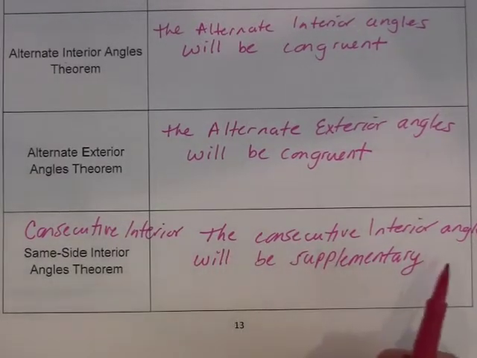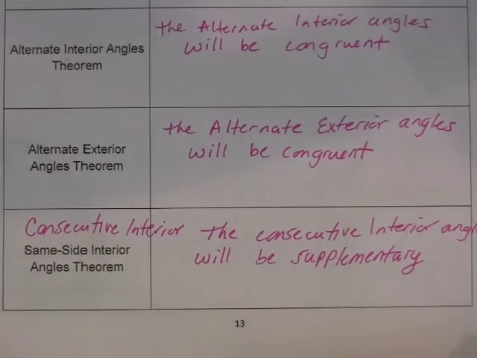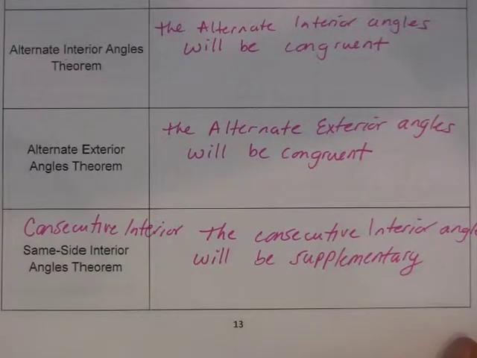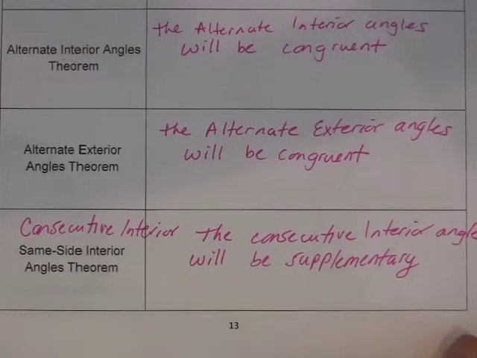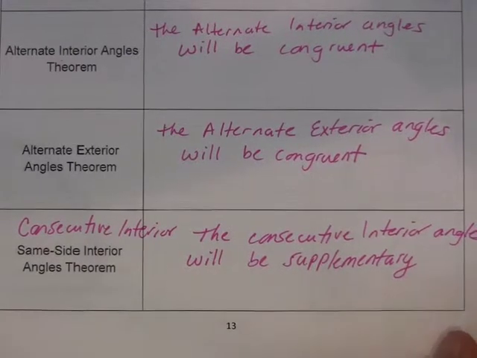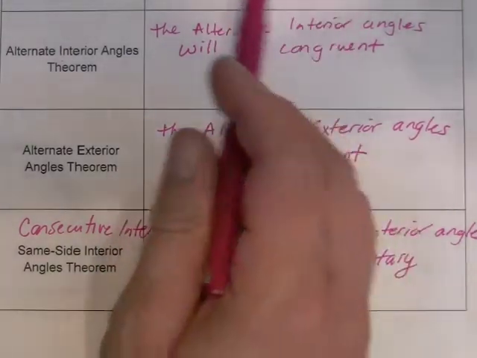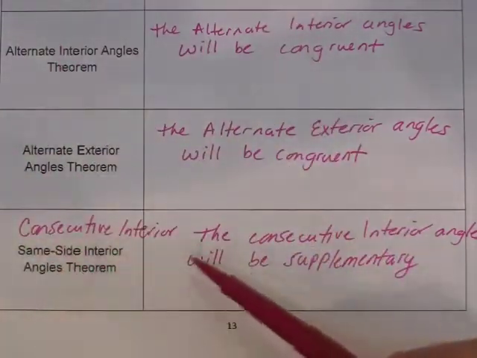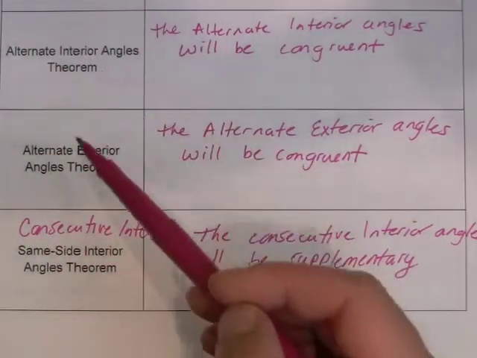So the consecutive interior angles will be supplementary when the lines are parallel. Those are the four angle relationships that occur only when the lines are parallel. These are also the only way to prove lines parallel, by these four relationships.